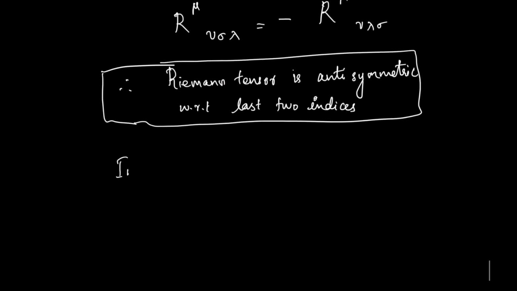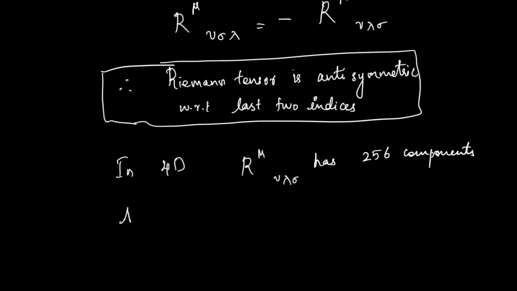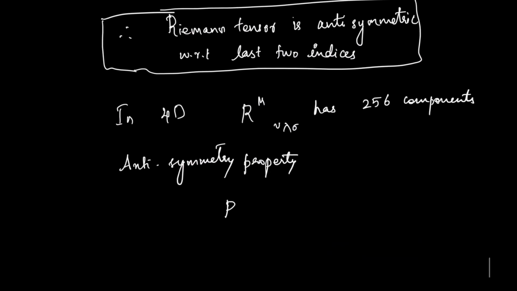So in 4 dimensions, R mu nu lambda sigma has 256 components. But after applying the anti-symmetric property, then R mu nu lambda sigma has only 20 independent components.